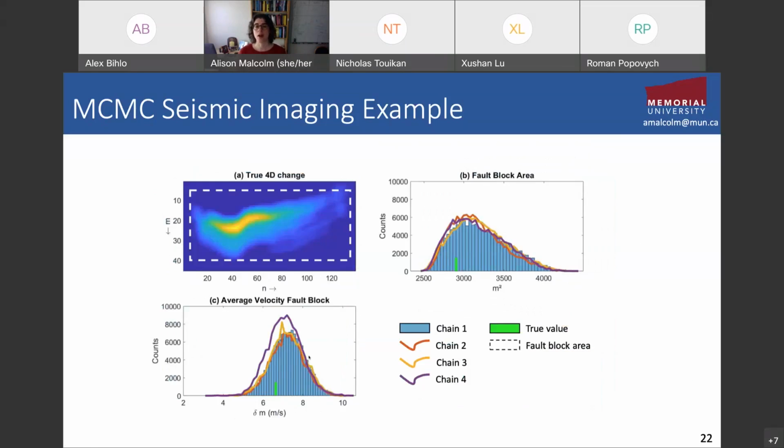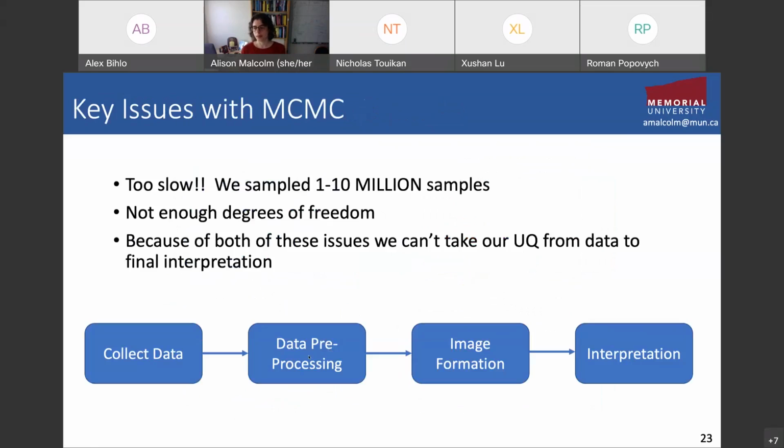So this is where machine learning comes in, because MCMC is just too slow and it doesn't let us use enough degrees of freedom. There are other techniques, and we've tried them, that let you use more degrees of freedom or fewer samples, etc. But in our experience, there's a conservation of annoyance, and you end up with approximately the same amount of compute time.